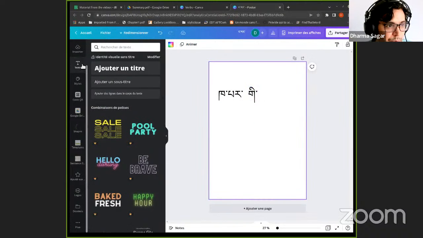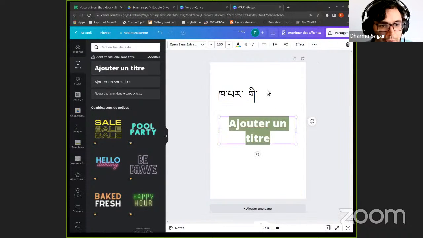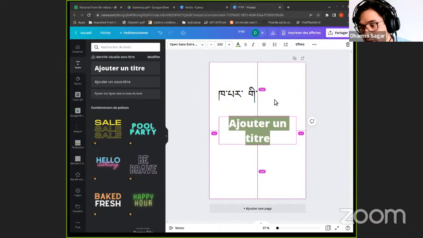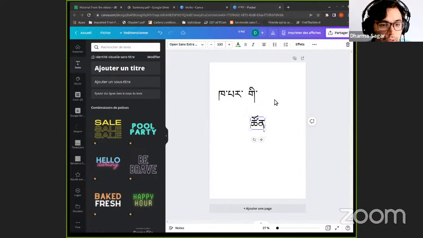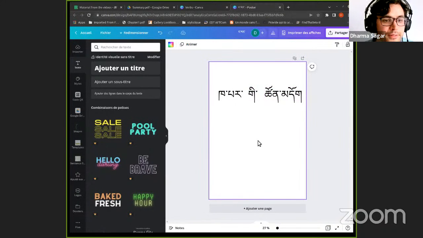I'm just using spoken Tibetan, so it doesn't really matter how I write it. I'm not even really sure about the spelling of do, but it doesn't matter.